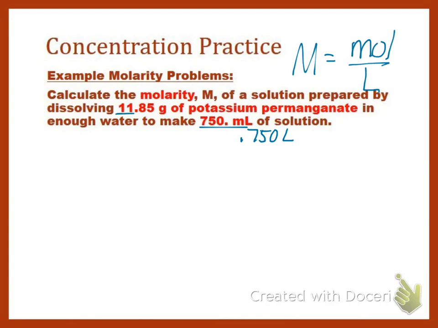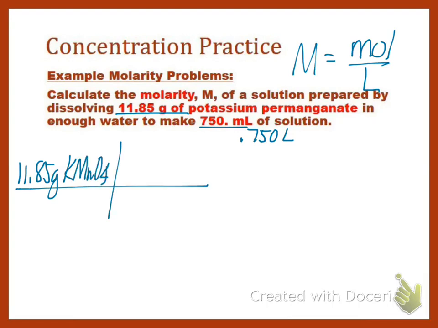So we're going to turn the grams of potassium permanganate into moles. So we have 11.85 grams of potassium permanganate, and we need moles, so we're going to use the molar mass. The molar mass of that is 158.04, and 1 mole.